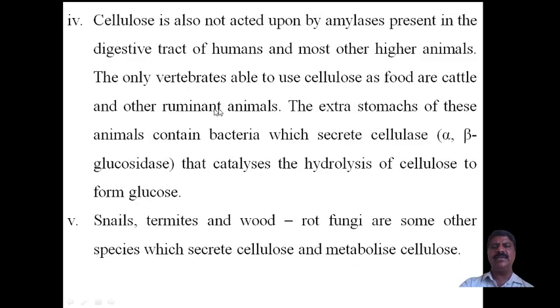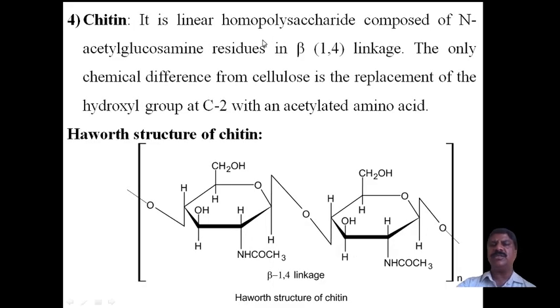Then that is about cellulose. Now coming to another example of a polysaccharide, which is chitin. It is a linear homopolysaccharide composed of N-acetyl glucosamine residues. As I already told, it contains amino and acetyl derivatives of monosaccharides.